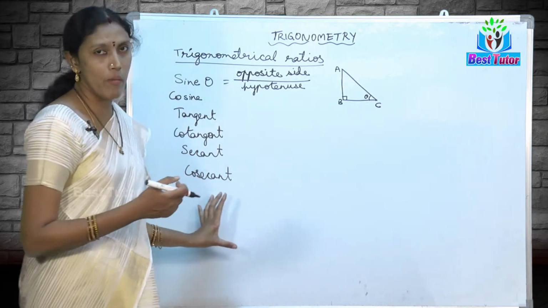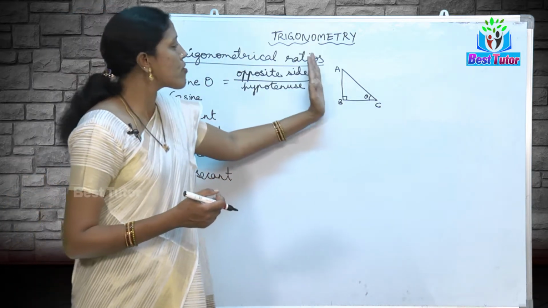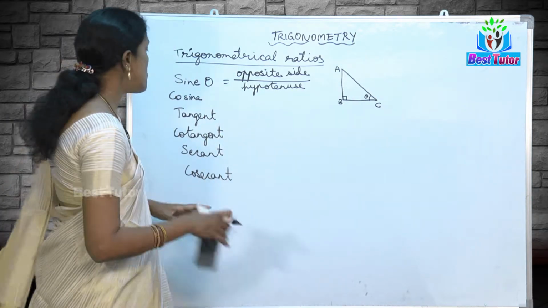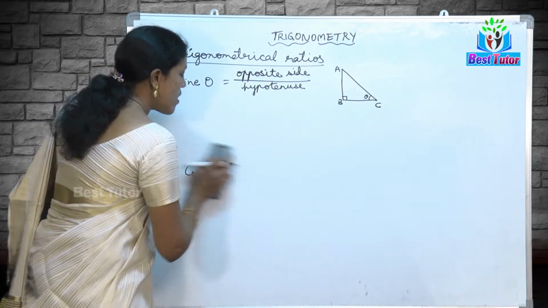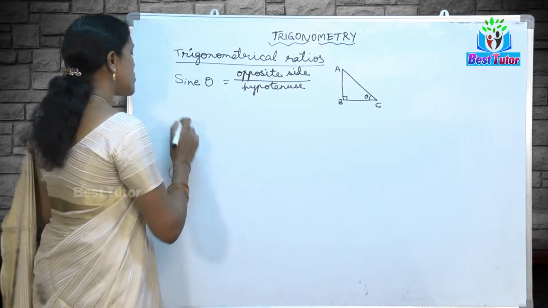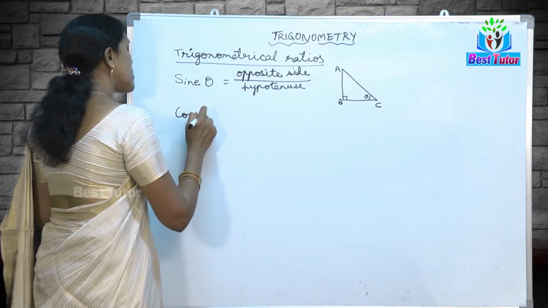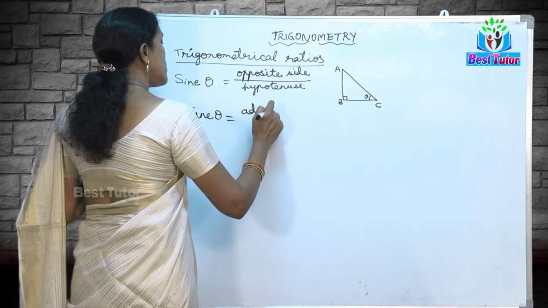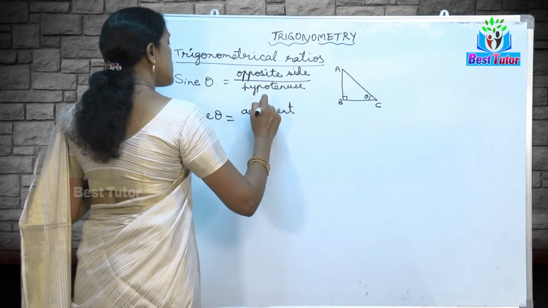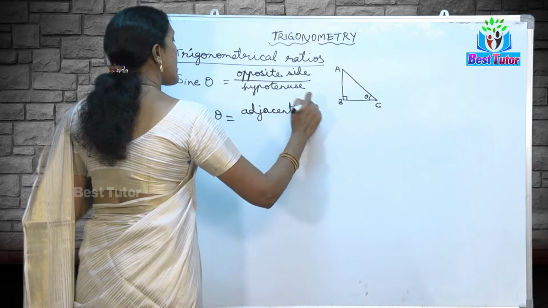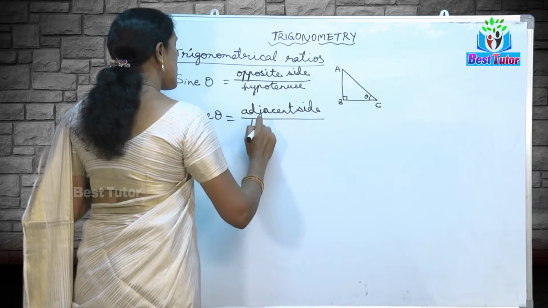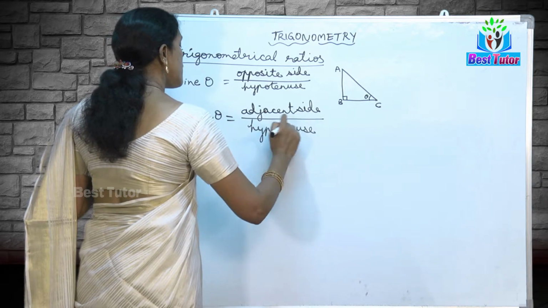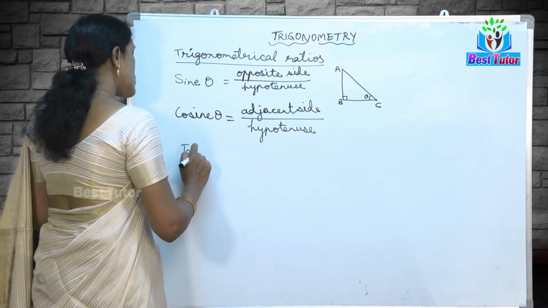These are the 6 trigonometrical ratios. If it is opposite side by hypotenuse, I name it as sine theta. Similarly, if it is adjacent side by hypotenuse, I name it as cosine theta. Next is tangent of theta.